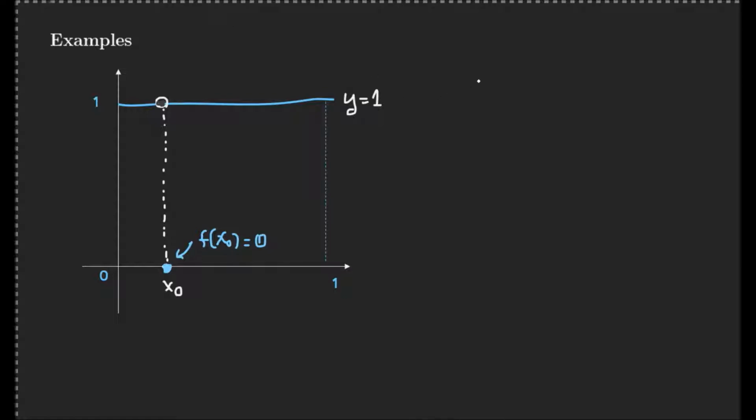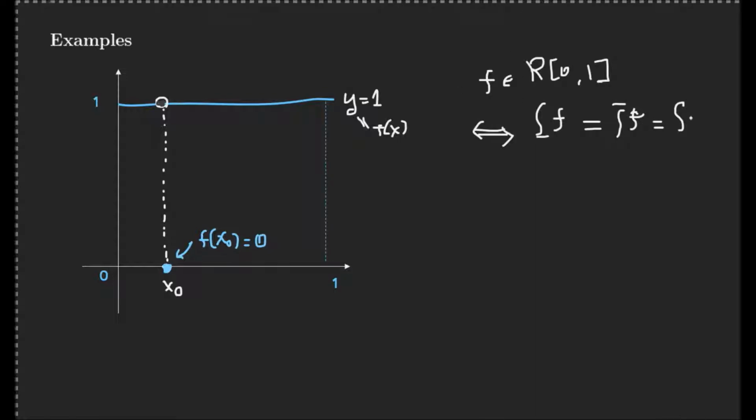If the function is f(x) on [0, 1], and the lower sum of f and the upper sum of f coincide, then we say this is Riemann integrable, and this is the value of the integral from 0 to 1.